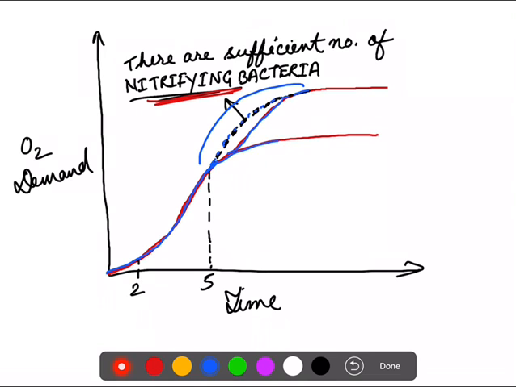One half will turn this side for the CBOD. This is your CBOD and this is your NBOD. Instead of going this side, it will now go this side if there are sufficient nitrifying bacteria present. I hope this is clear till this point.